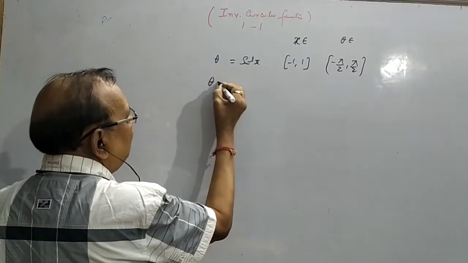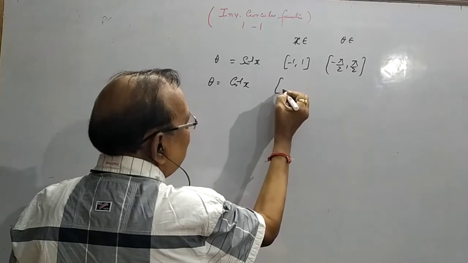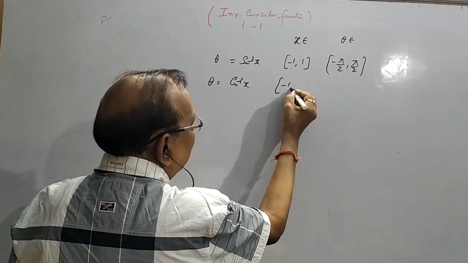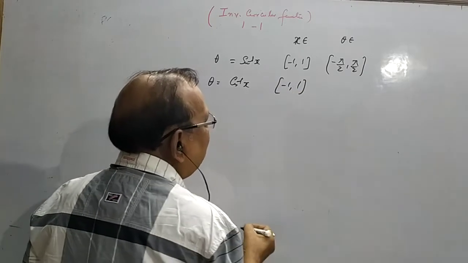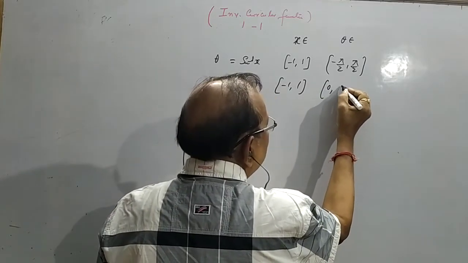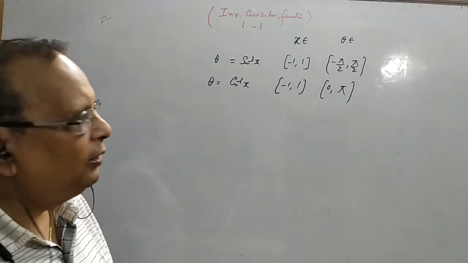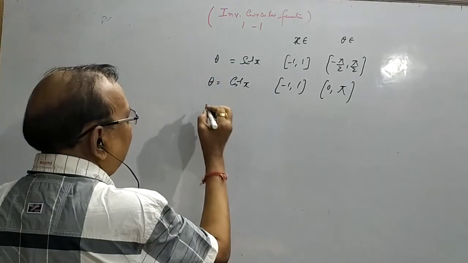Now theta is equal to cos inverse x. Principal values: again x lies between minus 1 and 1, and for the principal value, theta is 0 to pi. That means for negative x it is in the second quadrant.